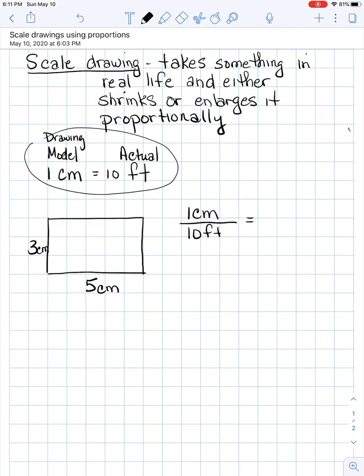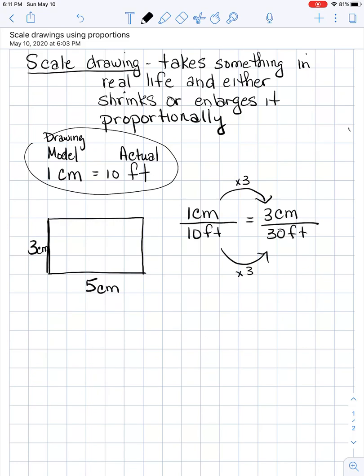So every centimeter in this drawing represents 10 feet in real life. So if the height is 3 centimeters, then what do I have to do? I have to multiply by 3, which means I have to multiply this by 3.